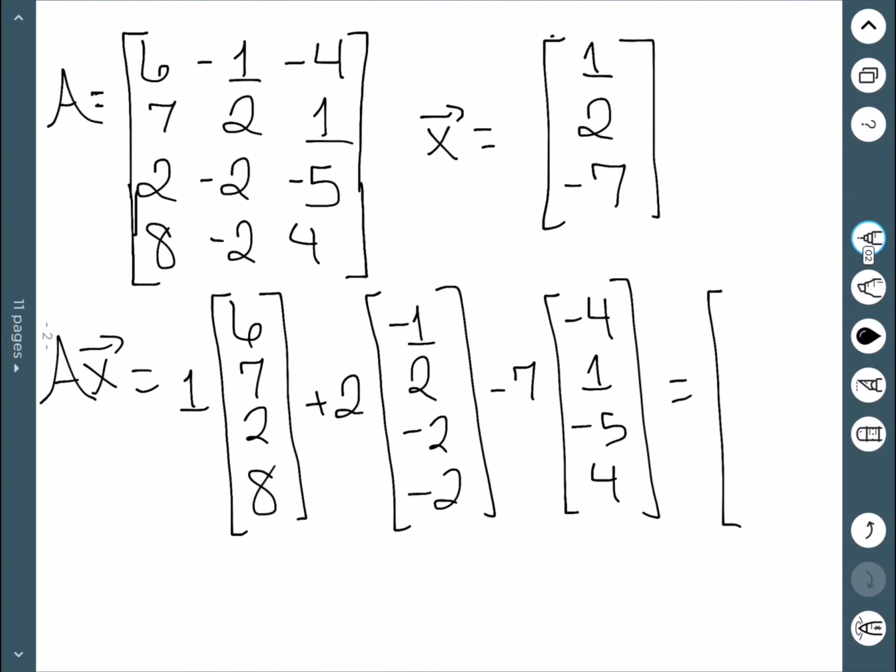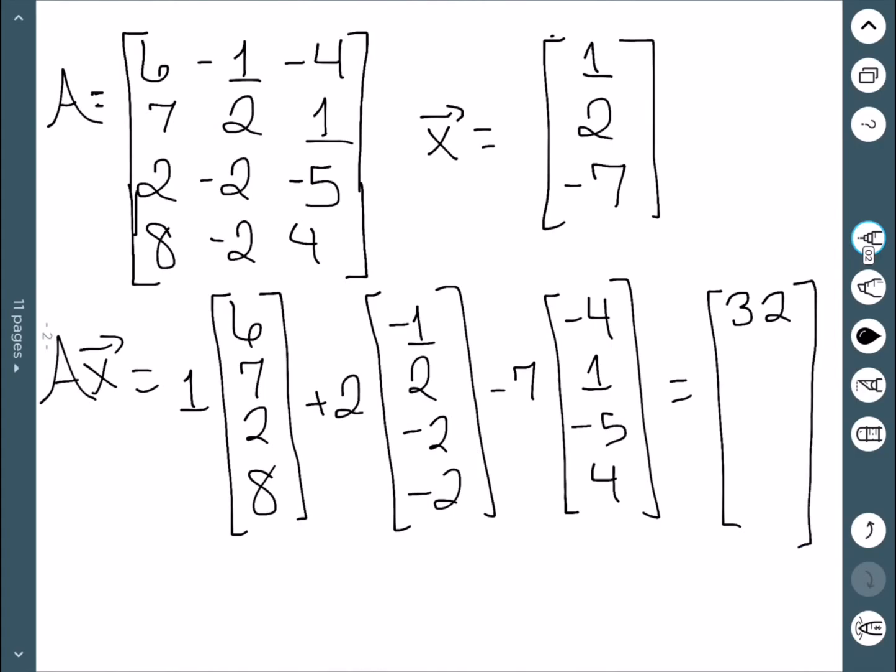We can do this in several different ways. I could do my scalar multiplication and then do addition, or I can do what I'm about to do and combine them all together. I have a 1 times 6, which is 6, a 2 times -1, which is -2, and then -7 times -4, which is 28, which gives me a 32 in the first entry.